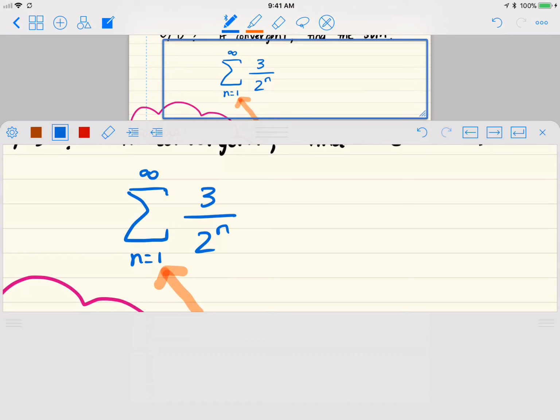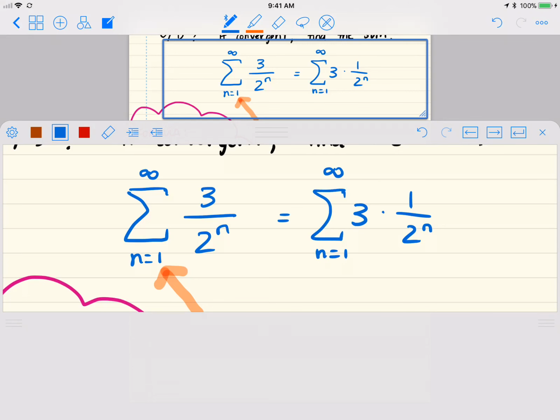One way that I can re-index this is to pull out a factor of one half. So if I rewrite this, I have 3, and then 1 over 2 to the n, and the sum n equals 1 to infinity.